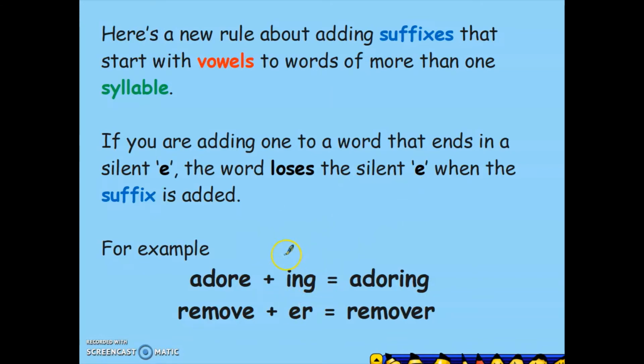So this suffix is ing. So the root word adore, lose the E, add the ing, and you get the word adoring. Same with remove. So you lose the E in remove, add your suffix, which is another vowel suffix, er, and your new word would be remover.